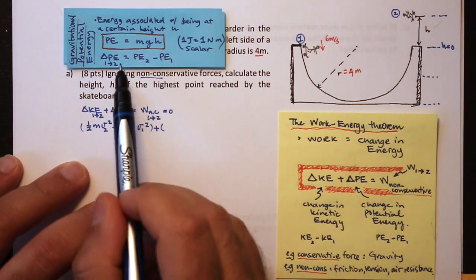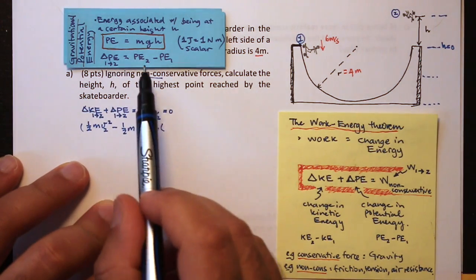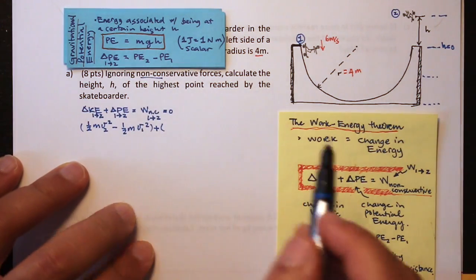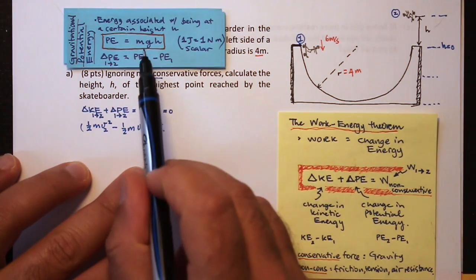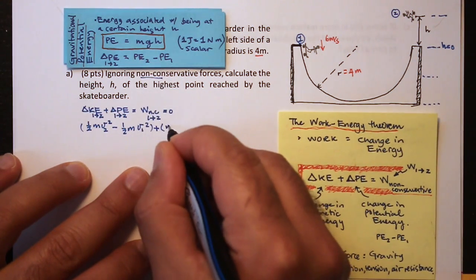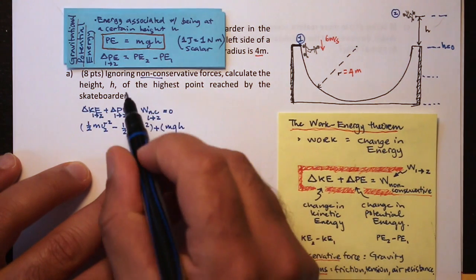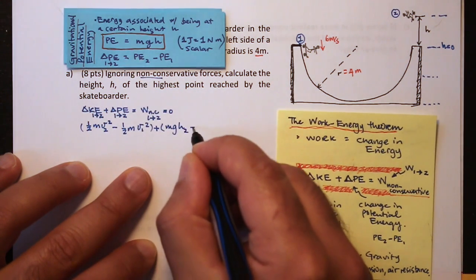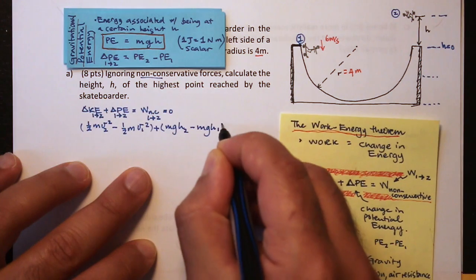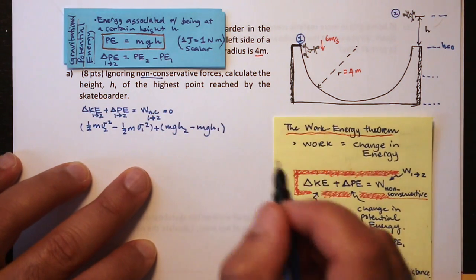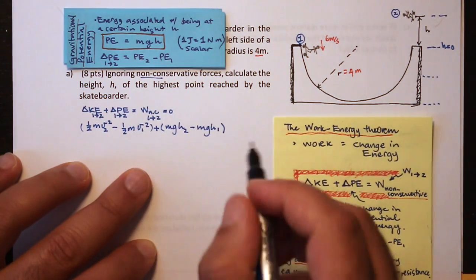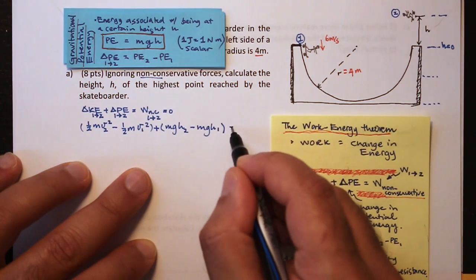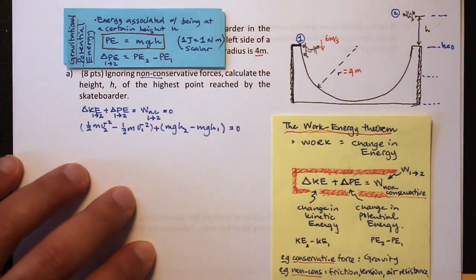So then the potential energy difference, delta PE 1 to 2, is equal to PE 2 minus PE 1, which means that it's equal to mg h2 minus mg h1. And of course, we said because non-conservative forces are being ignored, this is equal to 0.